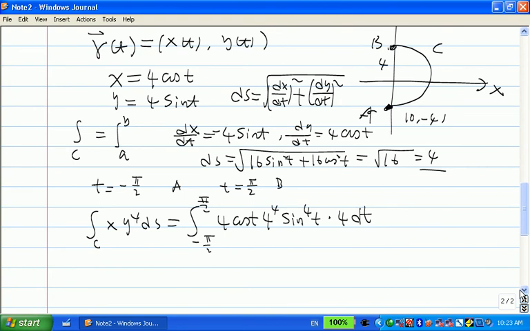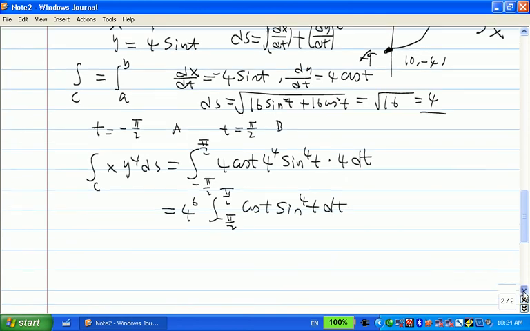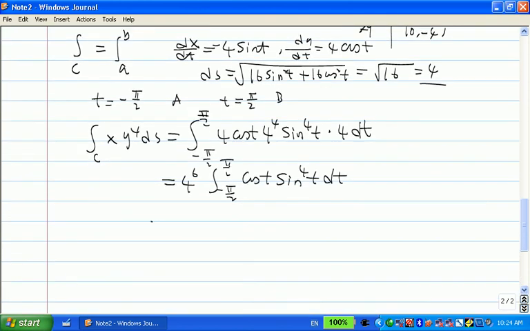So now this has become the integral. We do know how to integrate it. Let me simplify that. We got a 4 here, 4 to the 4th, another 4, so you got a 4 to the 6th, integral from negative pi over 2 to pi over 2, then you got a cosine t sine to the fourth t dt. Okay, now let's integrate this.